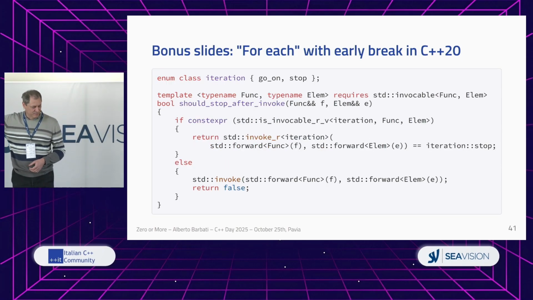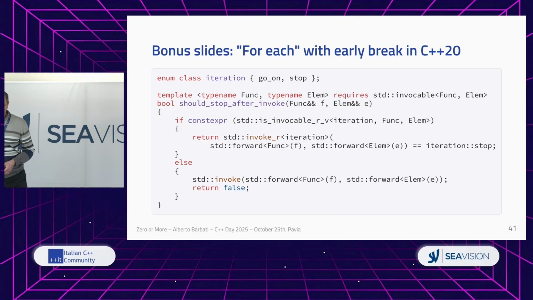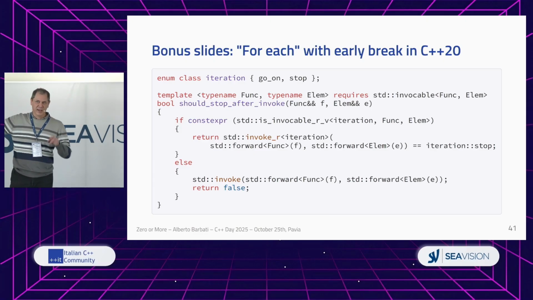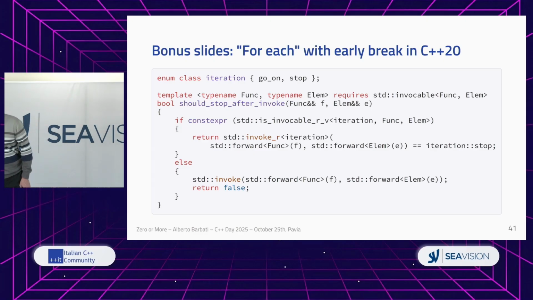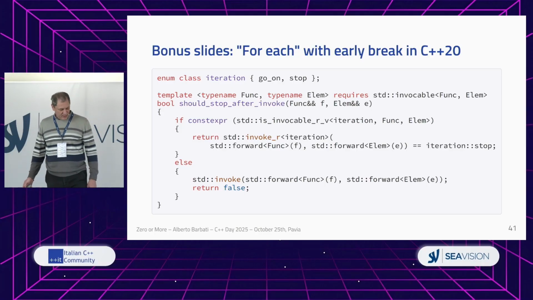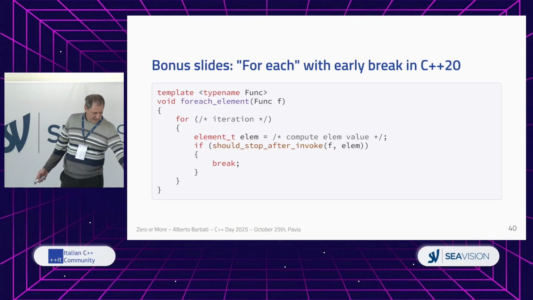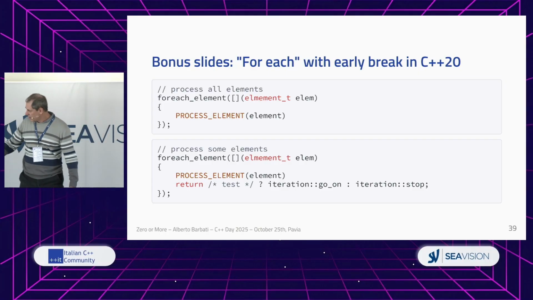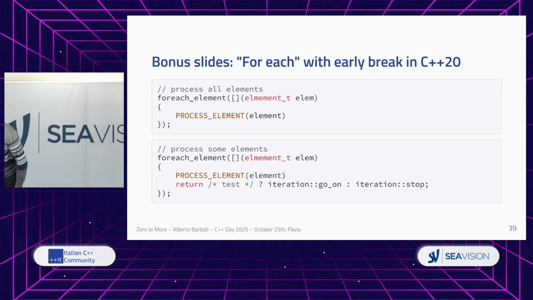Actually, this is the nice part. You have a tweaked version of std::invoke that does the trick using constexpr. So you can have both: all the elements, or break early.